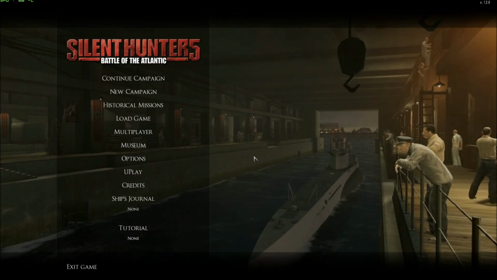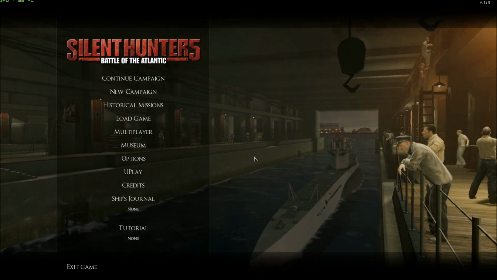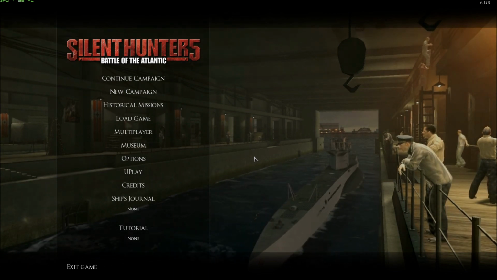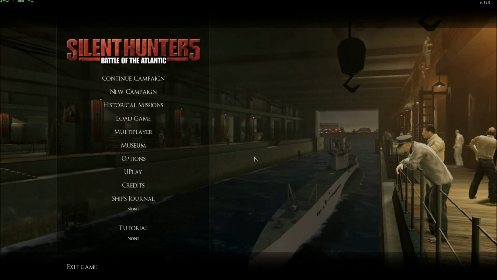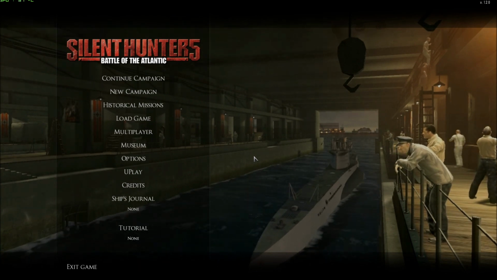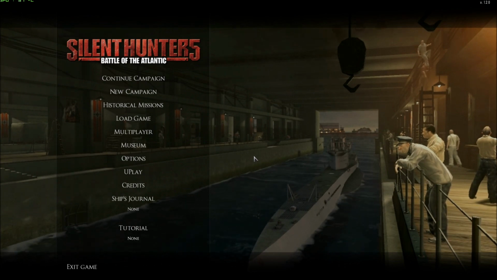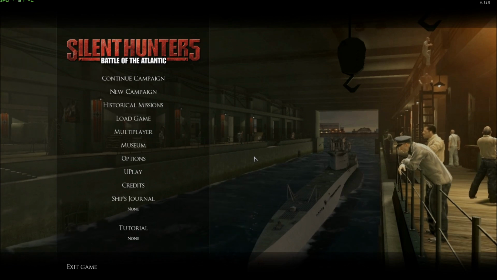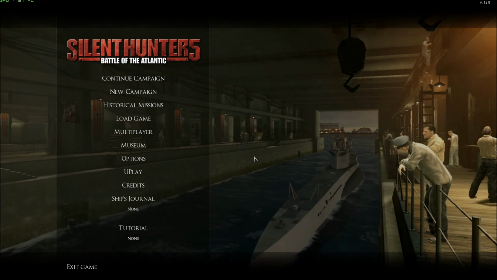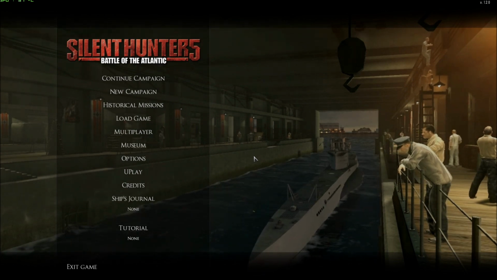So here I am again. I had a CTD, crash to desktop, because I have too many programs running at the same time on my computer, and in my sub I have maybe 50 mods installed.